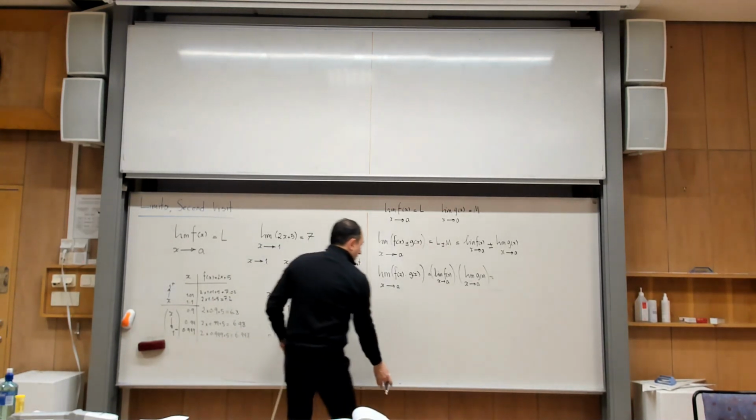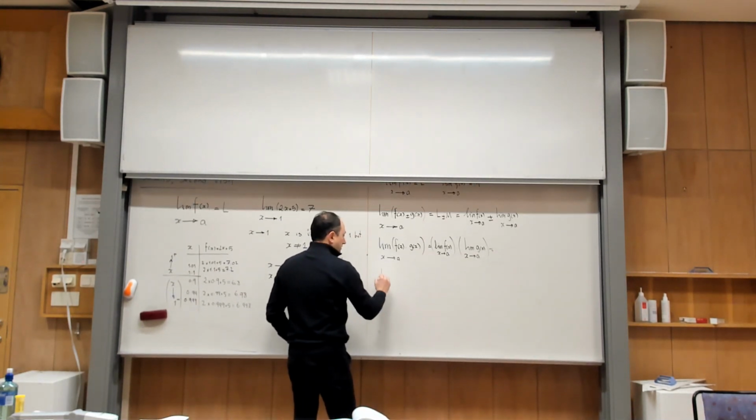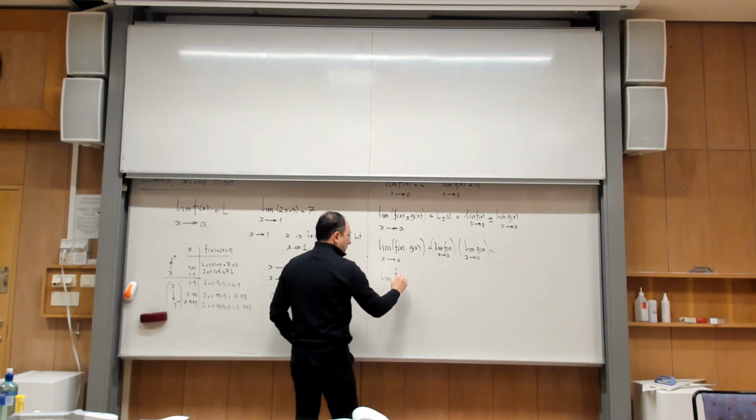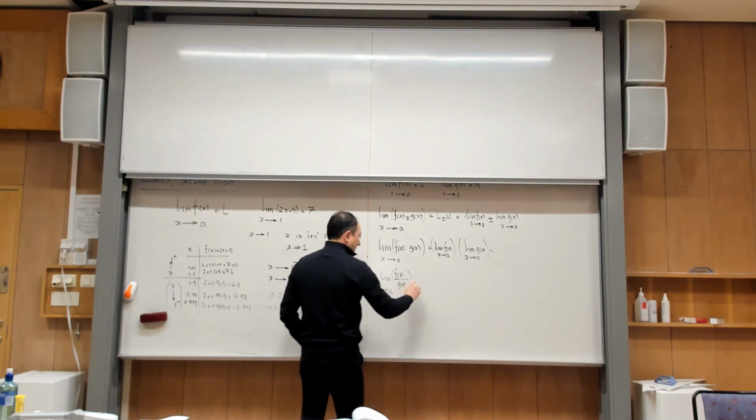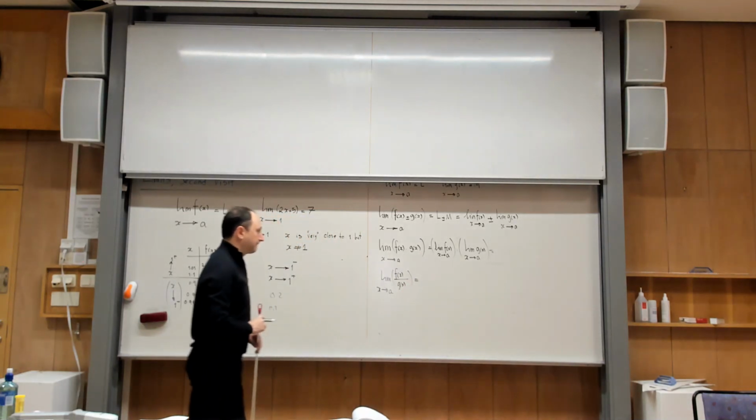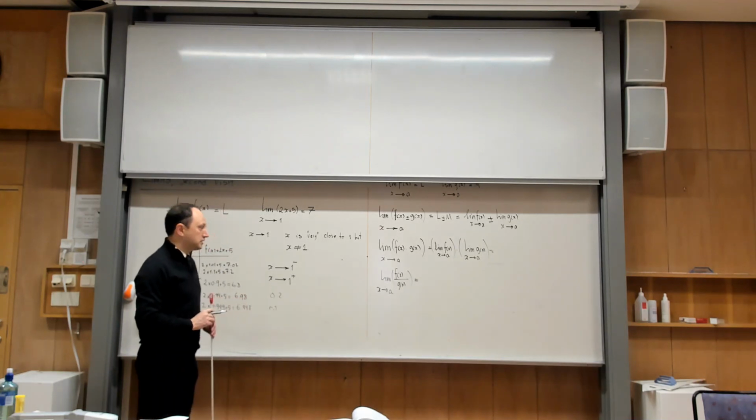And there is also another thing, the limit of what happens for f of x divided by g of x. Yes? What will happen for this one, do you think?